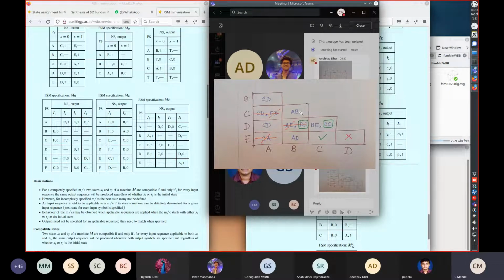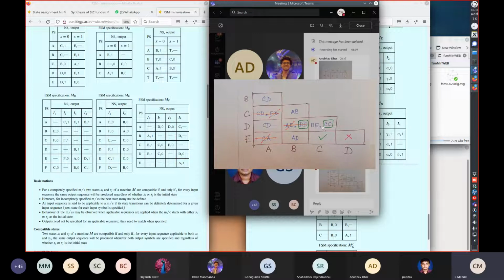Sorry, this is BC. BC depends on AB, right. BD depends on AE and DD.